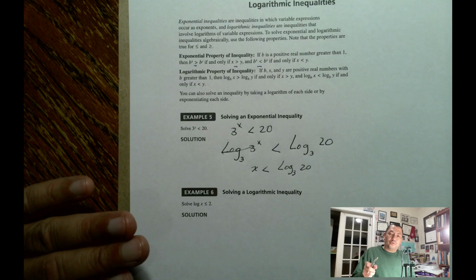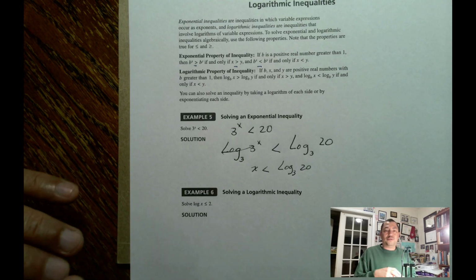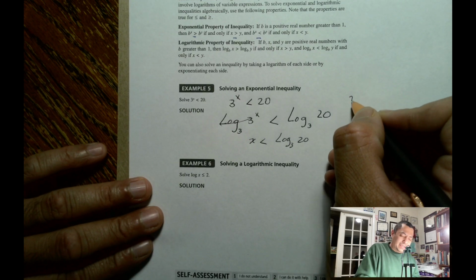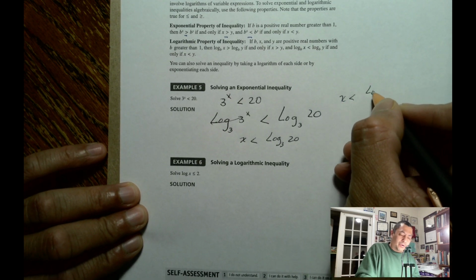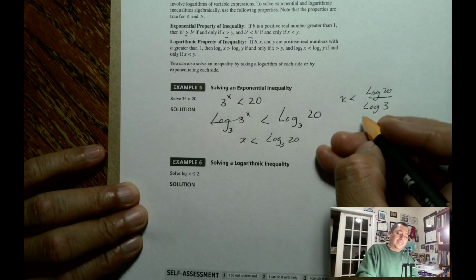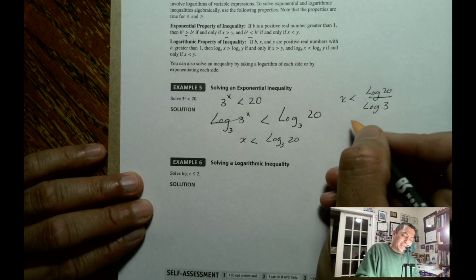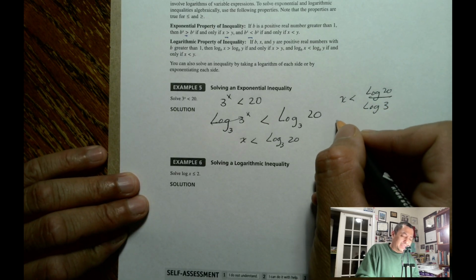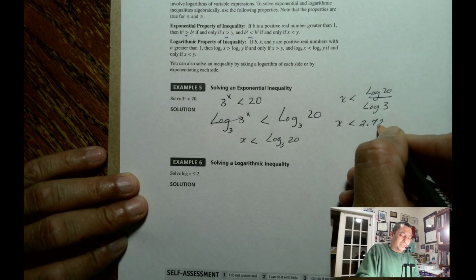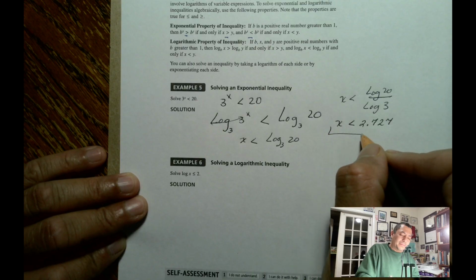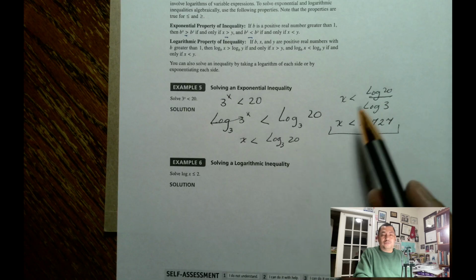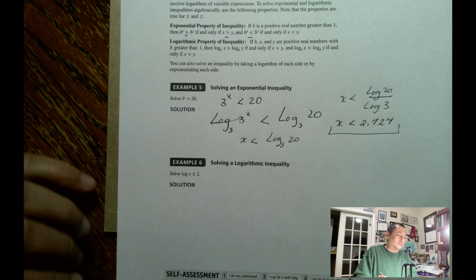I cannot use a calculator for that directly, so I'm going to do a change of base, and in this case, x is less than log of 20 over log of 3. And if I plug in everything, x is less than 2.727. That's going to be the solution to the problem. You can use decimals or you can use a calculator, and we're going to get that solution.